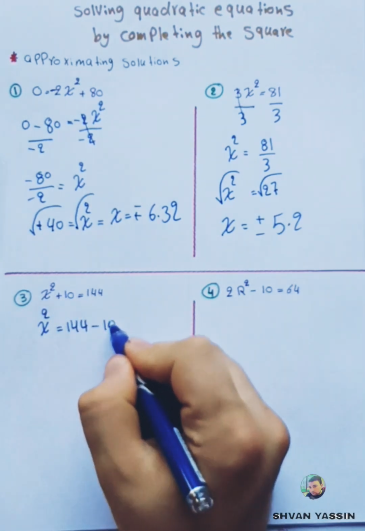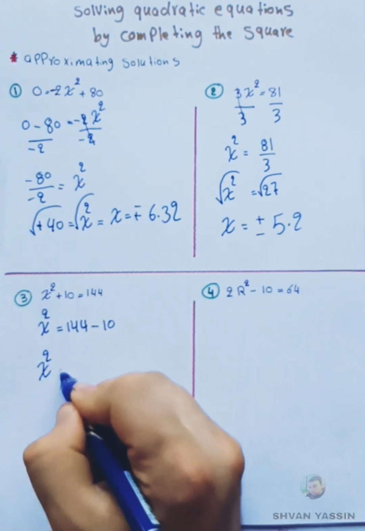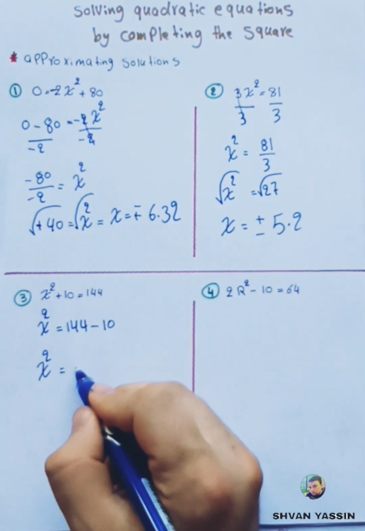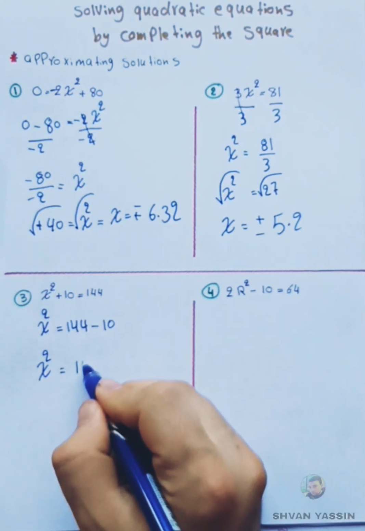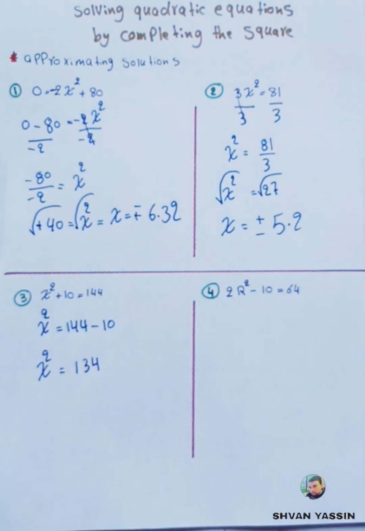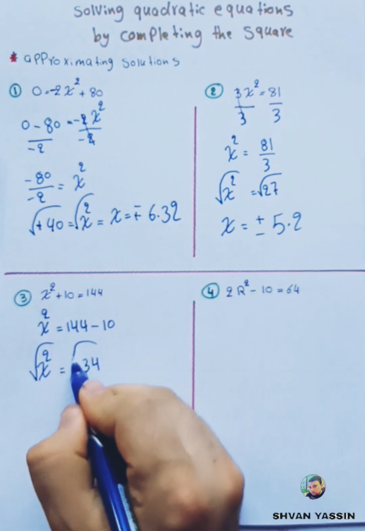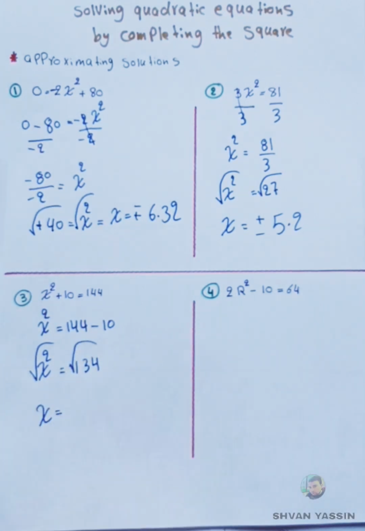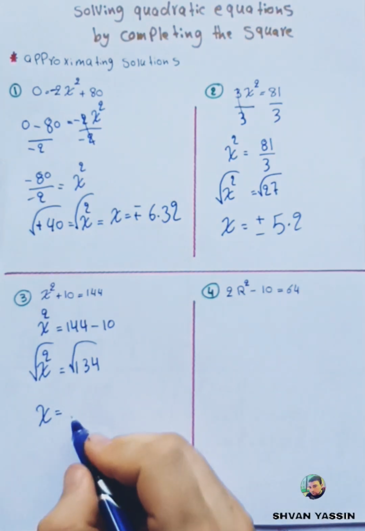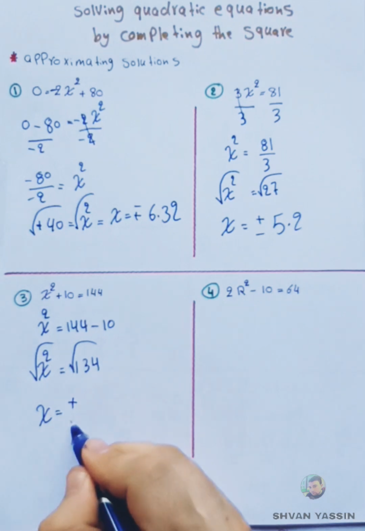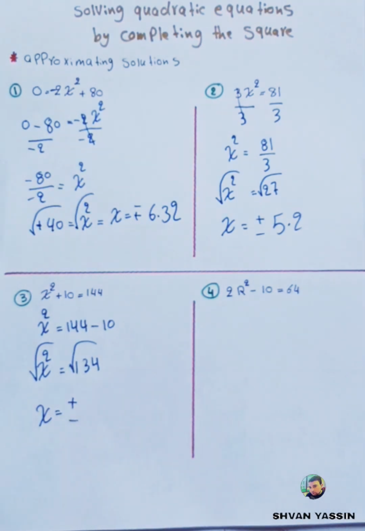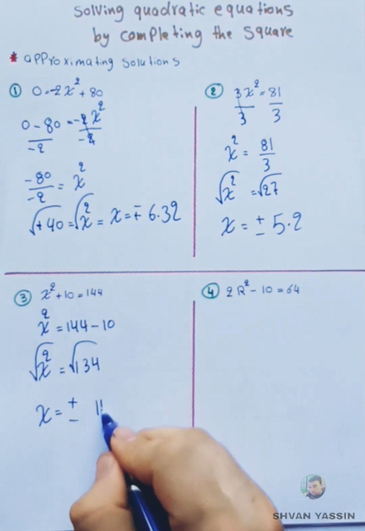When we move the positive 10 to the right side, it becomes negative 10. So x squared equals 144 minus 10, which equals 134. Then take the square root of both sides. The value for x is equal to the square root of 134, approximately equal to 11.57. So the value for x is equal to positive or negative 11.57.